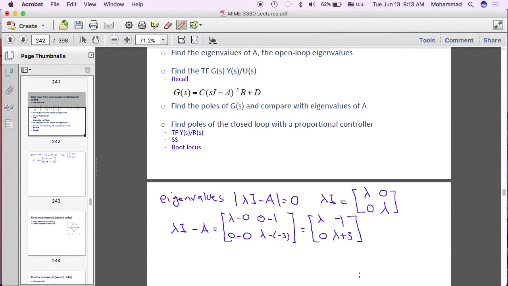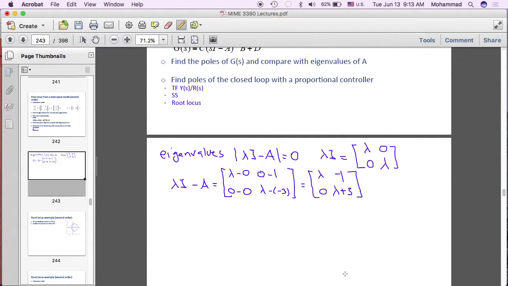Now if you set up the determinant of lambda I minus A, it is going to be lambda times lambda plus 3 minus 0, which is 0. So that's the determinant. If you set this equal to 0, there are two values of lambda that will make this equal to 0. Lambda 1 is 0, and lambda 2 is negative 3.